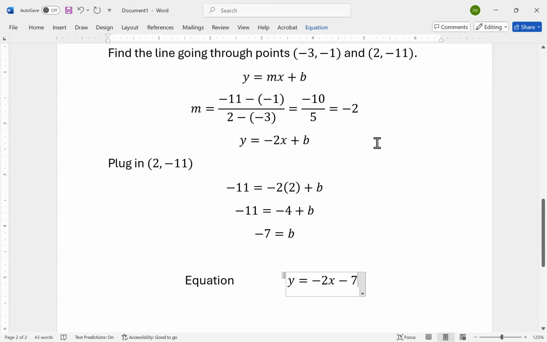And if you plug in 2, -11, and then simplify, you get a true statement. So that is one way you can check your answer, is just by plugging in both those original points and seeing that you get a true statement.